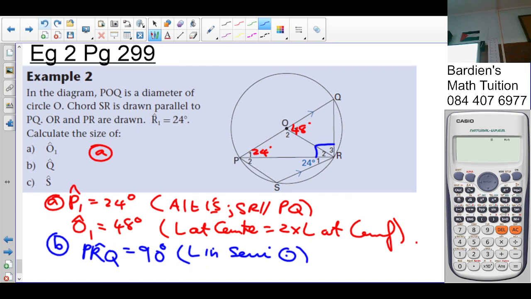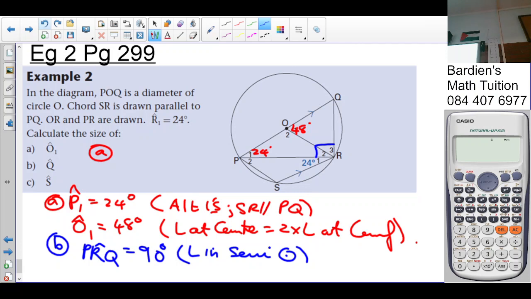People, very importantly, did I have to say that PRQ is 90? Could I have left that out? Why not? It's not given. It's not on the diagram. If it's not on the diagram, you must state it. You guys understand?